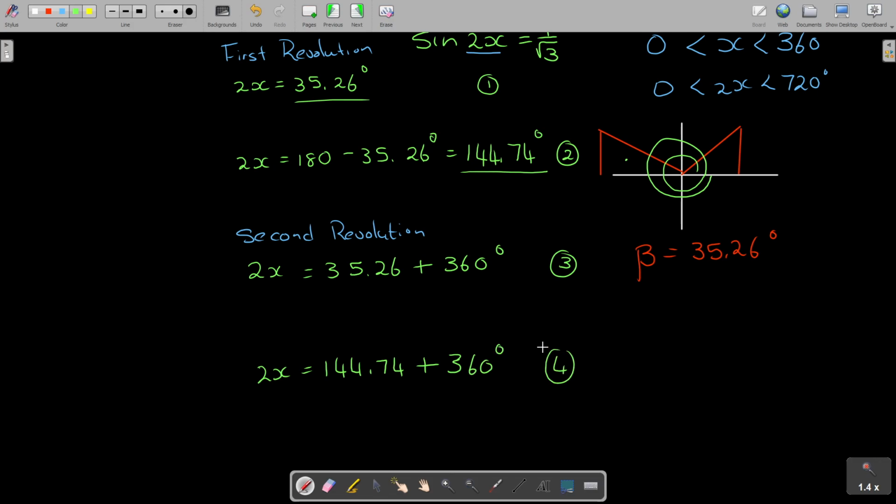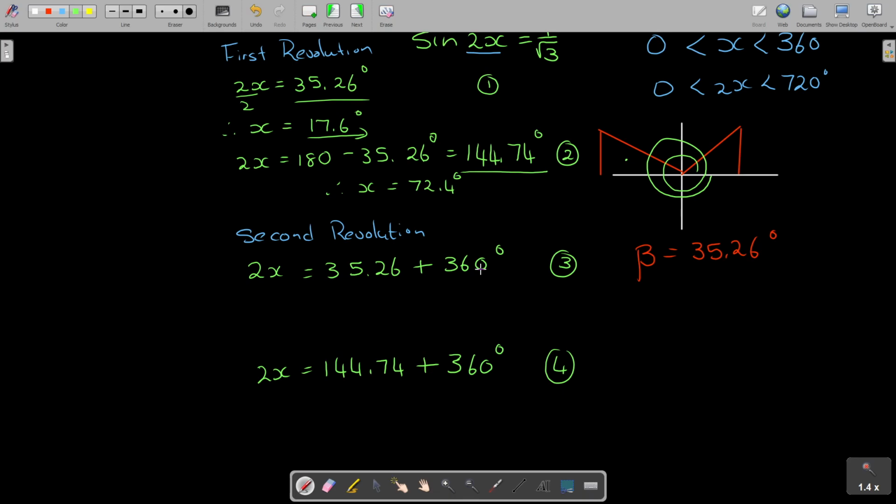And now I can start simplifying. I divide by 2, so therefore x is equal to 17.6 degrees. This one, I take this angle and also divide by 2. So x is equal to 72.4 degrees.